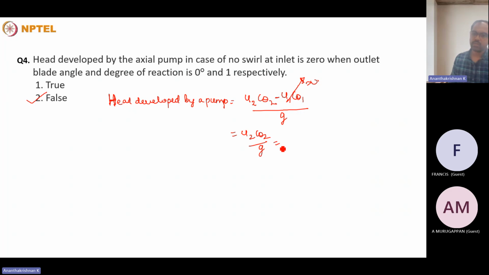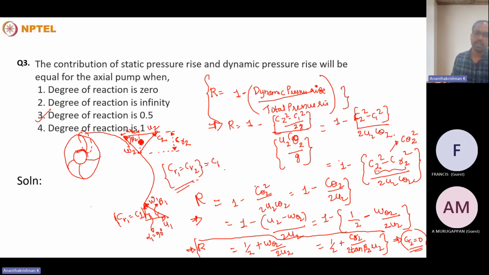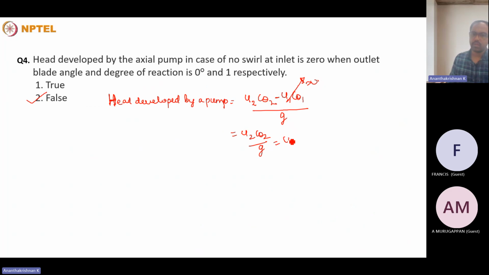And based on the outlet velocity triangle that we have seen in the previous diagram, c theta 2 can be represented in terms of u2 and the tangential component of the relative velocity. So it can be written as u2 into u2 minus w theta 2, divided by g.